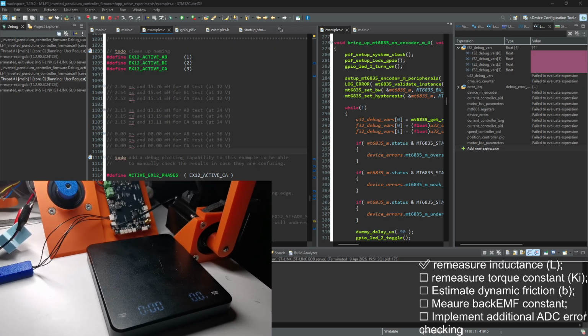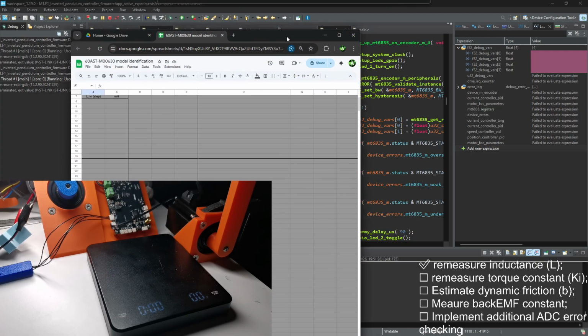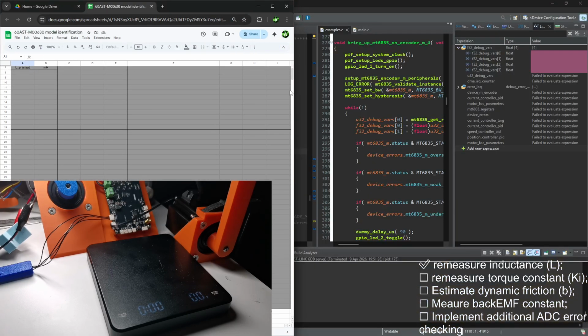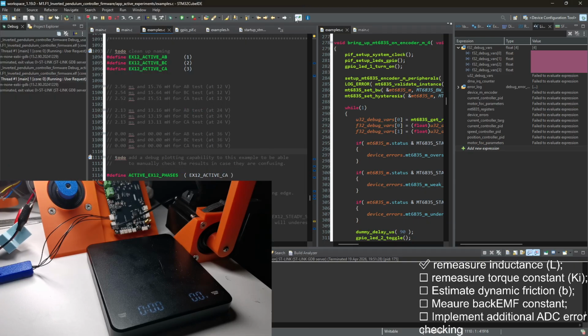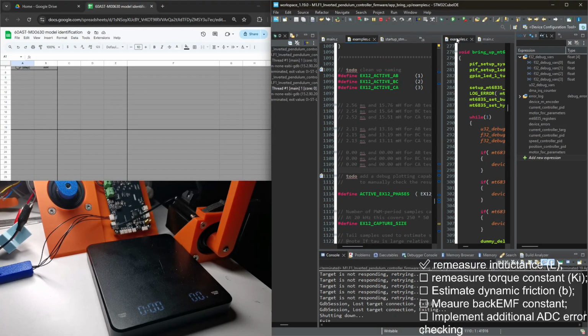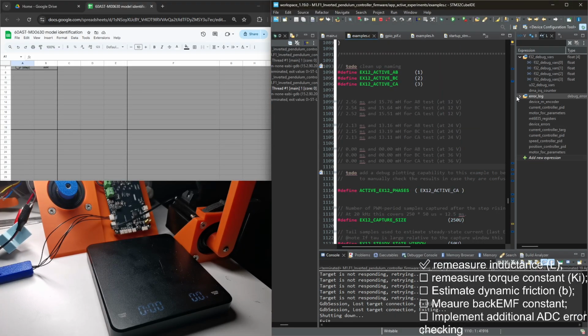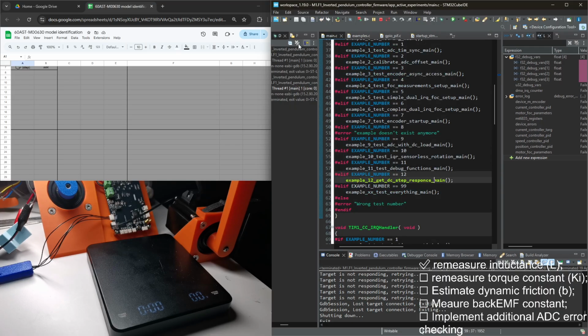We also need a table where we will put our values. One moment, I will open it up. So no, Google Sync Cube is not. Here it is. And we will also need our IDE, of course. And we will need it in debug mode as well.